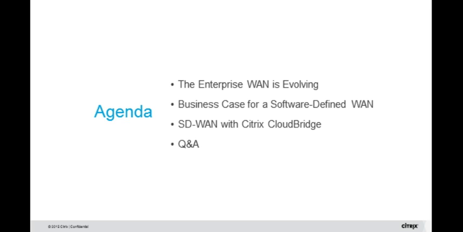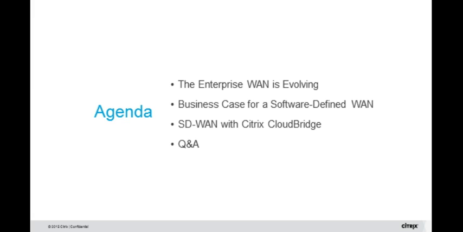Thanks, Jessica. In today's webinar, Greg and I intend to cover how the enterprise WAN is evolving. And from there, we'll transition over to Greg, who will present a business case for how using a software-defined wide area network approach, by combining lower cost services such as dedicated internet access and broadband with MPLS, can reduce overall wide area network expenses.